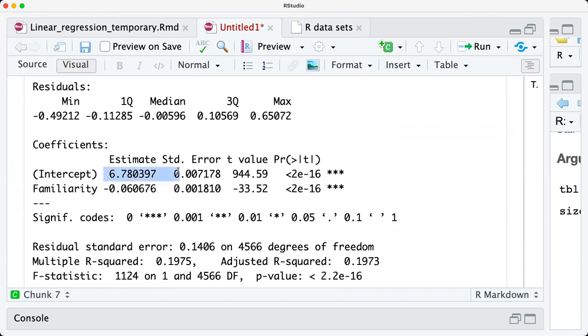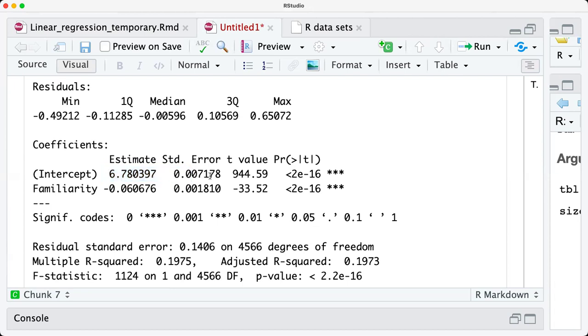We are testing the intercept, which is where the regression line passes when x is equal to 0. If we substitute x equal to 0 in beta 0 plus beta 1 x, we get the intercept.